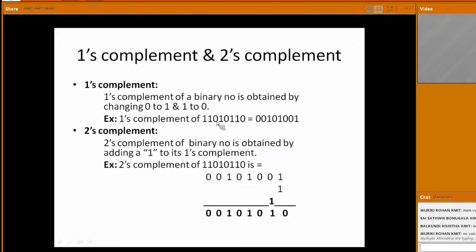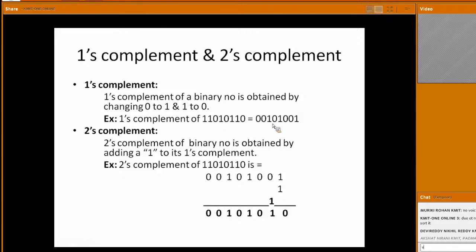How to calculate the ones complement? Just invert the bits. 1 is to be converted to 0, 0 to be converted to 1. So the ones complement is: 1 should be converted to 0. Next 0. Here the bit is 0. It should be changed to 1. So 0, 1, 0, 1. Ones complement is just changing bits.